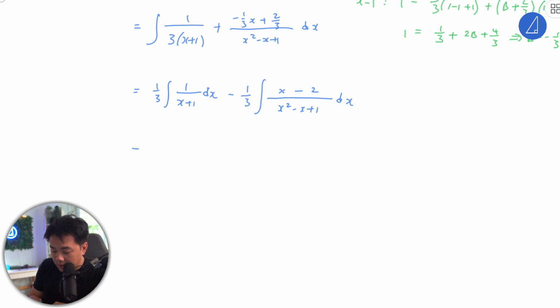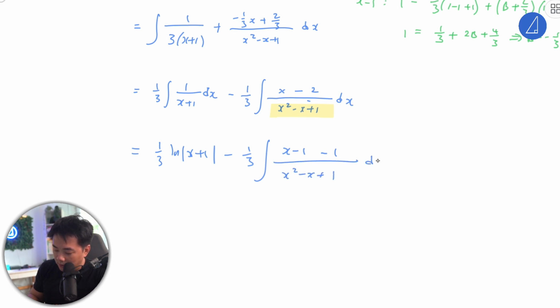Then we could split this up again. This second guy, so this will just be 1/3 ln of x plus 1, right? We already did this. So this minus 1/3. Because to do this, what we need to do is differentiate this bottom, it will be 2x minus 1. So we split this up using the split up method. We have x minus 1, minus 1 over here, so the minus 1 will be minus 2.